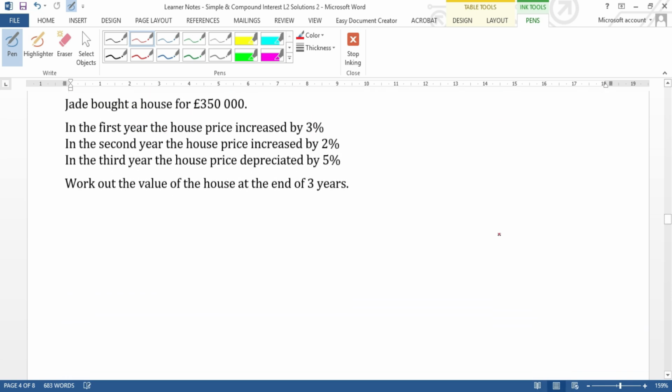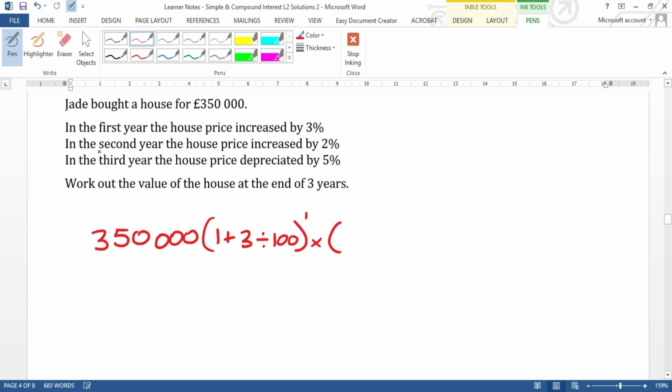So you could do the initial amount, £350,000, open brackets. So for the first one, it's increasing, so it's a 1 plus 3%, and that's only for 1 year. So you can put a little 1 if you want to, you don't have to.